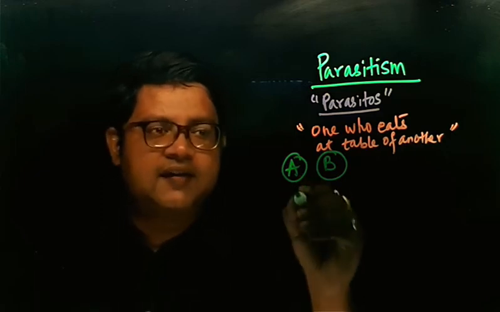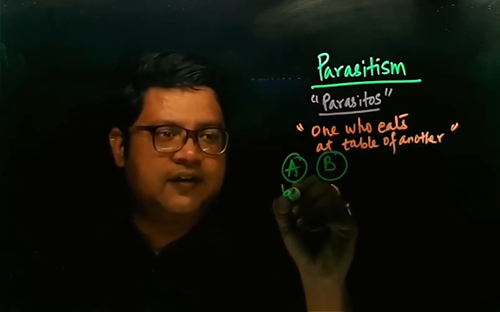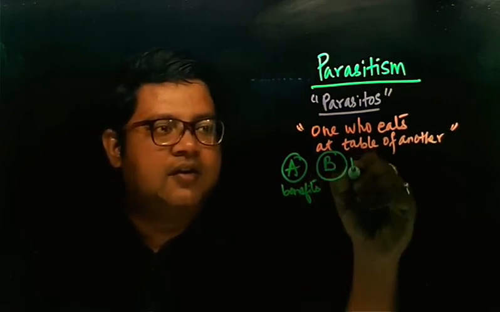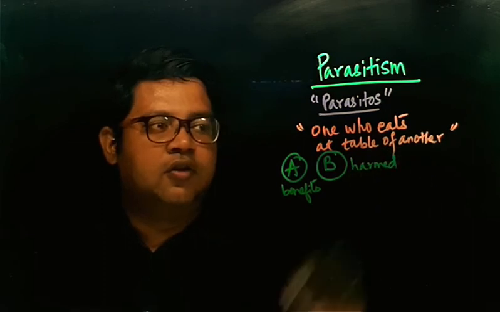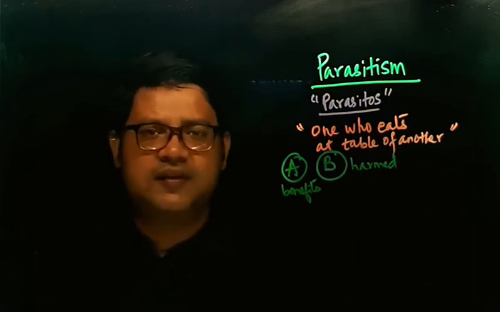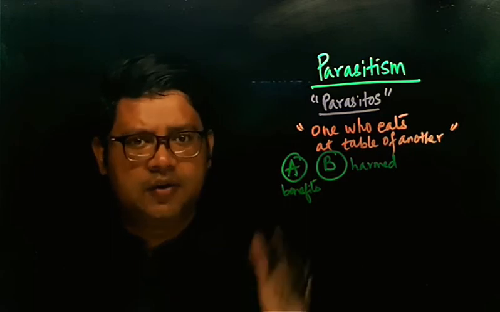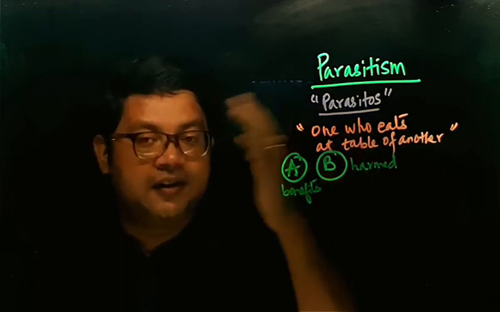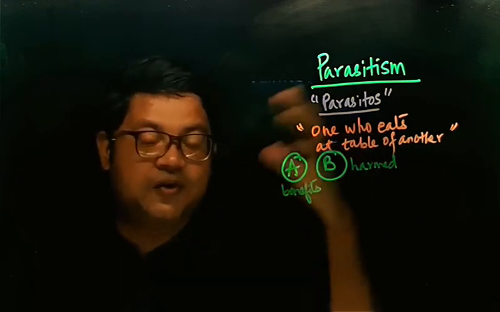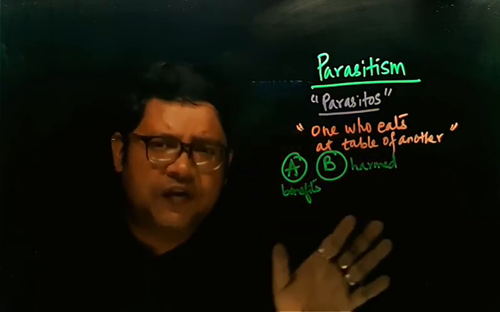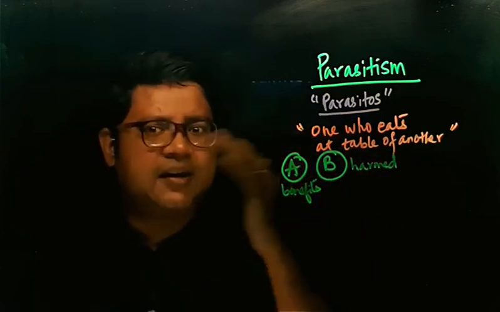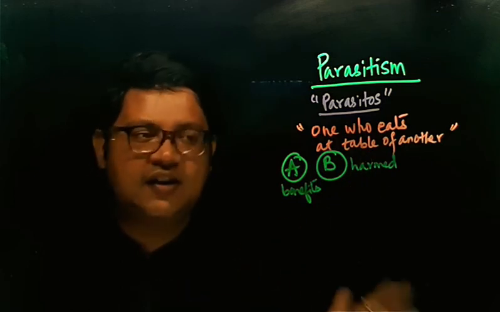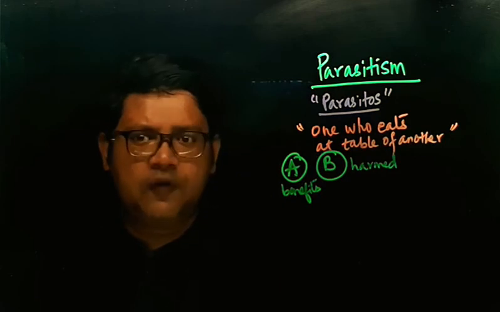So suppose species A gets the benefit and species B is harmed. It is like the other interaction we have talked about, the predator and its prey. It's like that, but it's a little bit different from the predator and prey relationship. We'll explain that in the next lecture, but you have to understand this concept of parasitism.